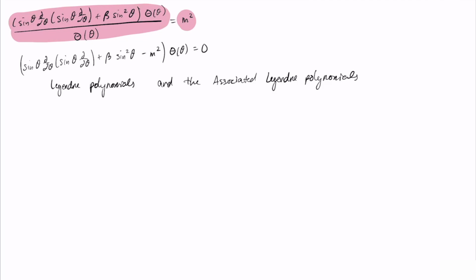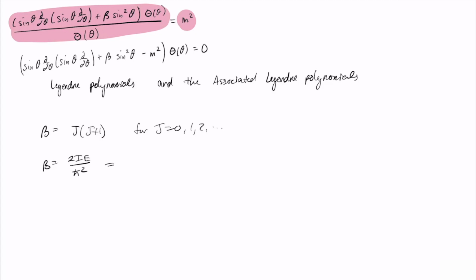Okay, so no matter how you solve this, the solutions end up telling you that this beta has possible eigenvalues of j times j plus 1, for j being an integer: 0, 1, 2, and so on. But remember that we originally defined beta to be equal to 2IE over h bar squared.